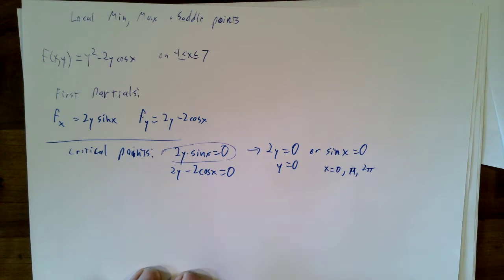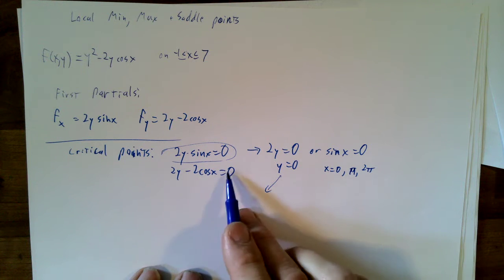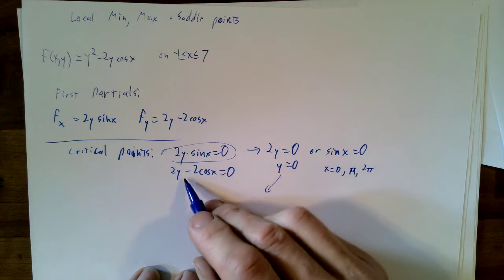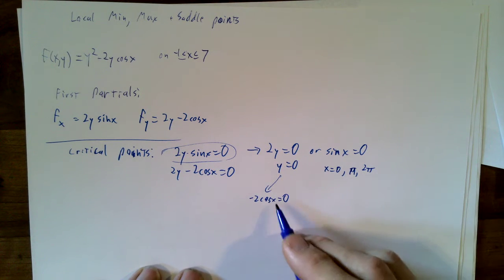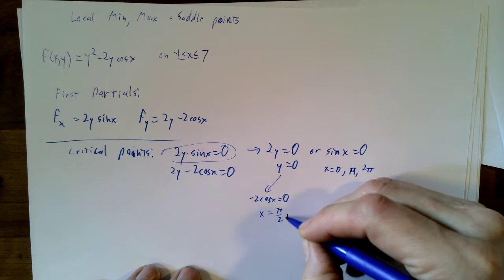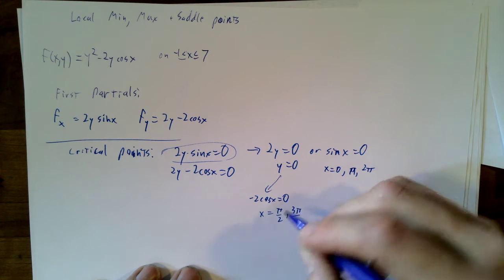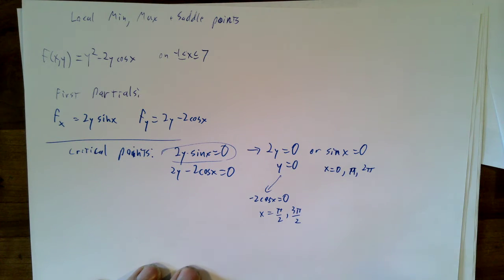Now think of those in conjunction with this here. If y is 0, substitute that in here and we've got -2 cosine x equals 0. So cosine is 0. So x is pi over 2, 3 pi over 2. Those are the values where cosine is 0 within that restriction.